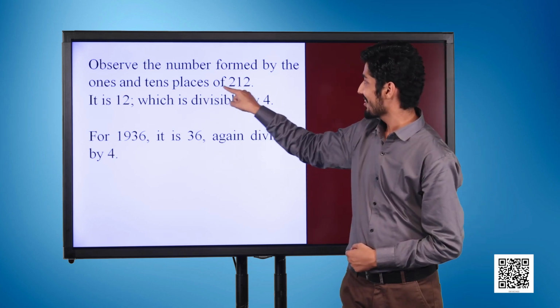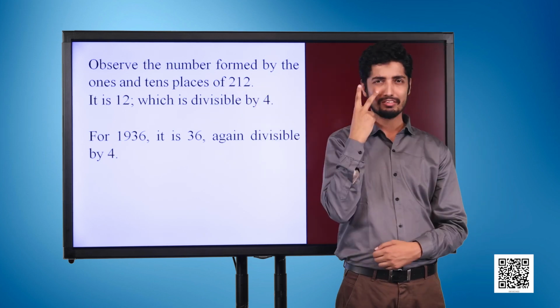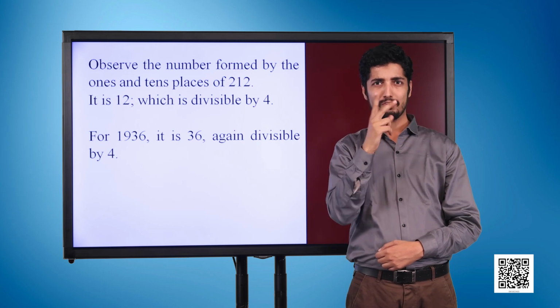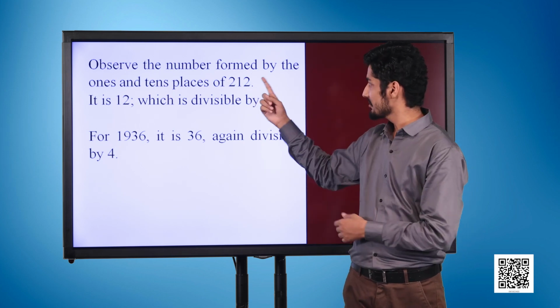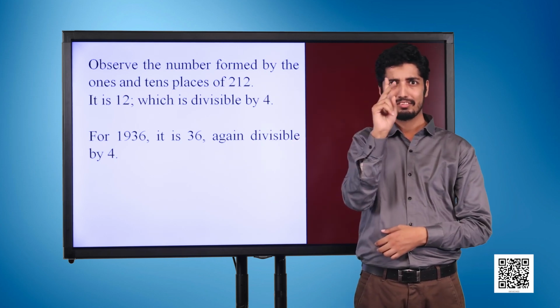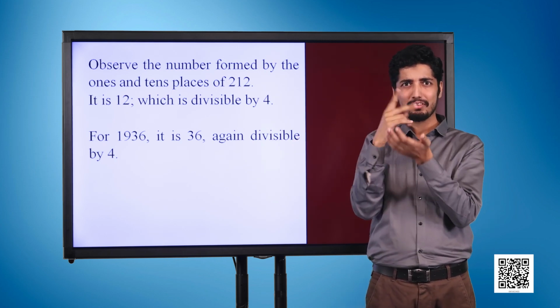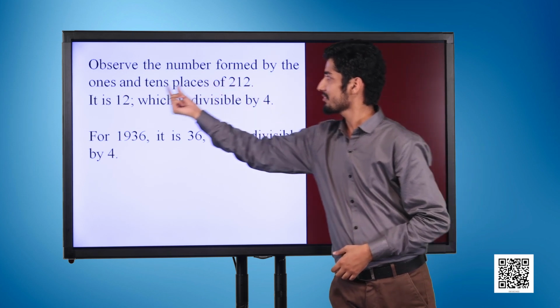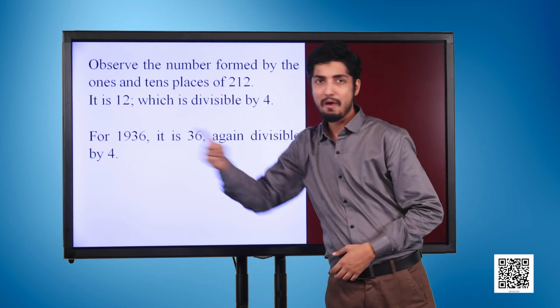Observe the number formed by the ones and tens places of 212. It is 12, which is divisible by 4.